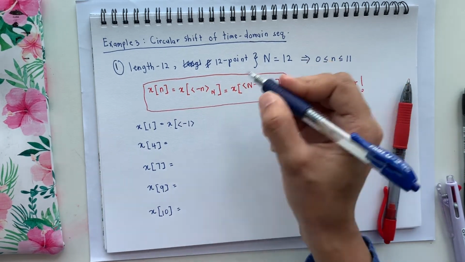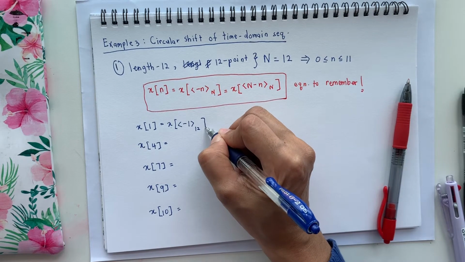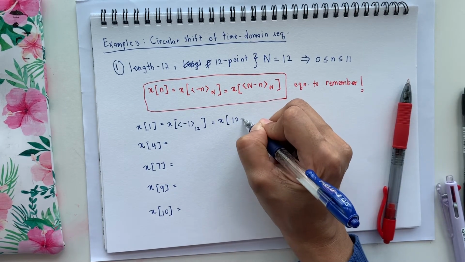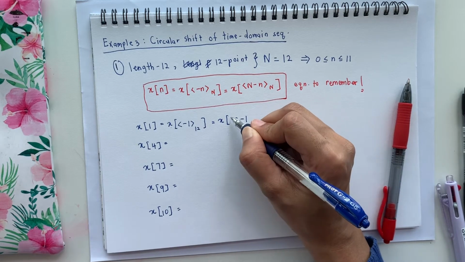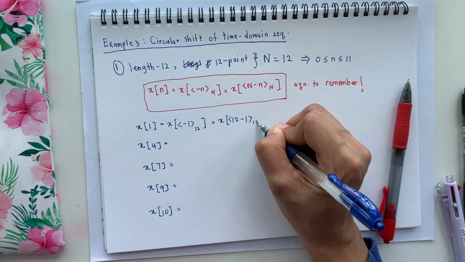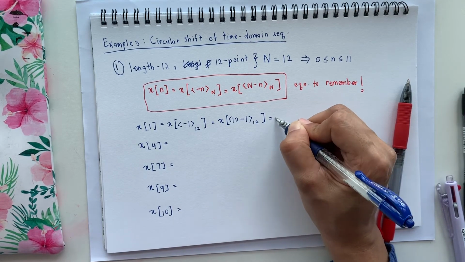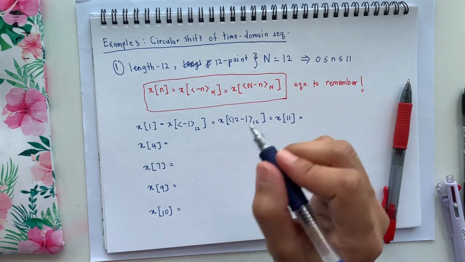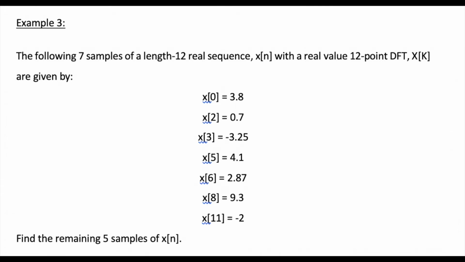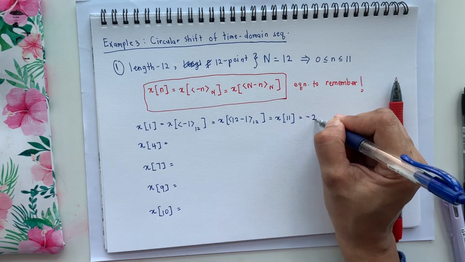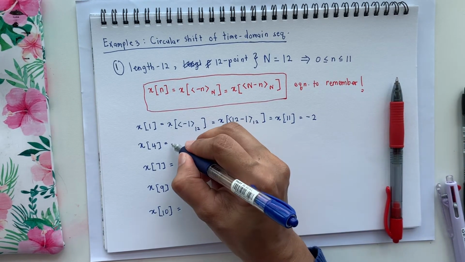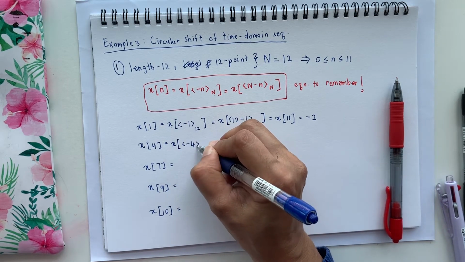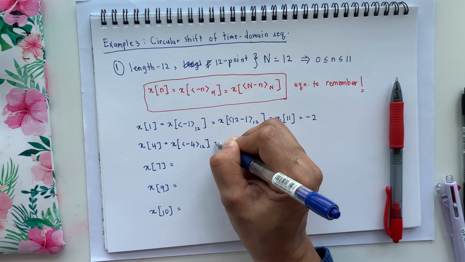Your capital N is 12, so x[12-1], which is x[11]. And then you refer to the question: x[11], the value is minus 2. Same goes for the others. You just substitute the values into the equation.